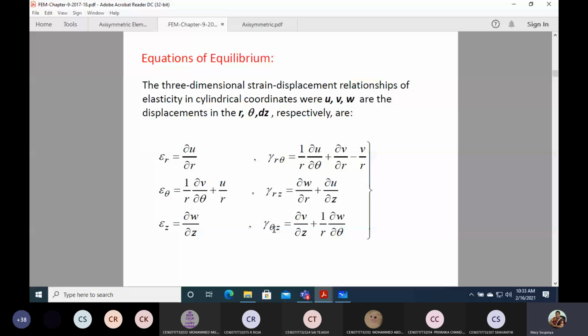But I clearly told in the beginning of the session that, because we are considering the symmetry of the geometry about the z-axis, it is independent of the circumferential coordinate theta.